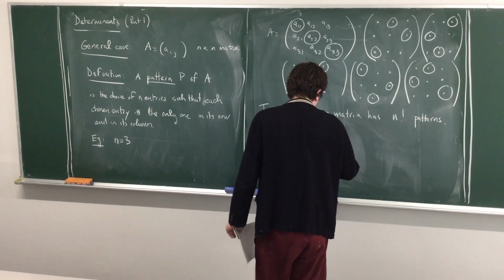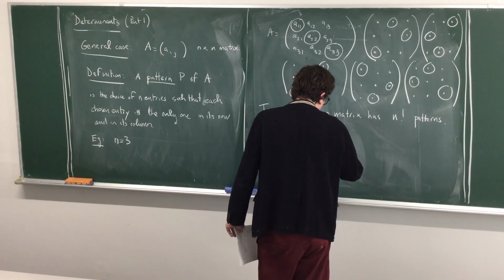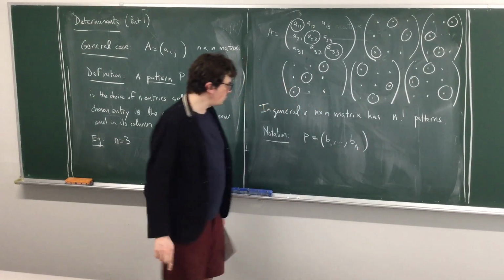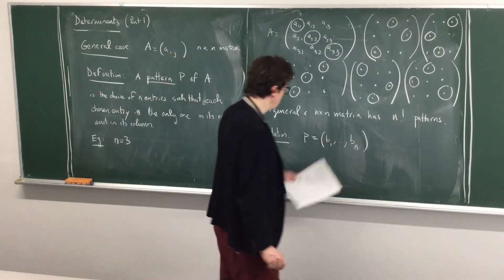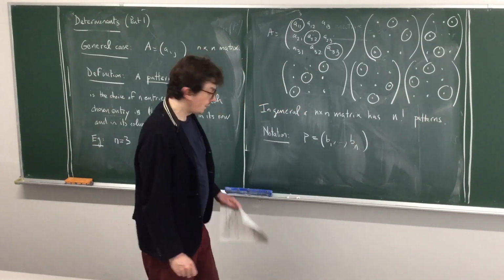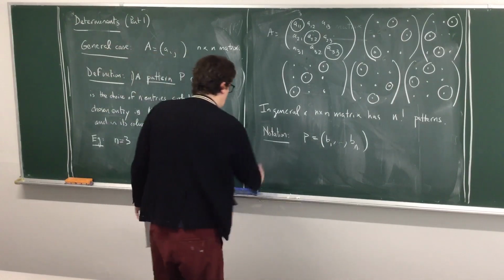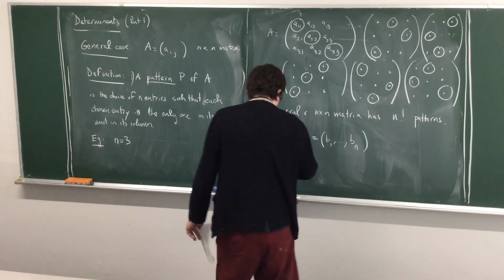So if P is a pattern, it corresponds to the choice of n entries, and we will write the pattern like this, B1, ..., Bn. This is my definition 1. I will also need the following definition.